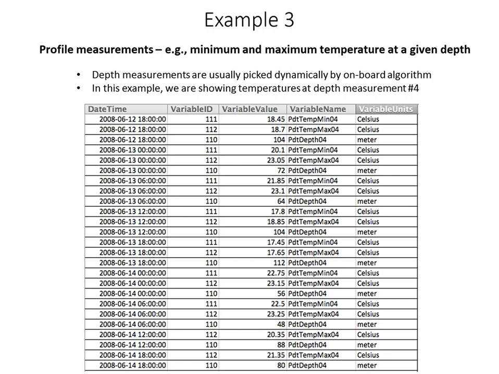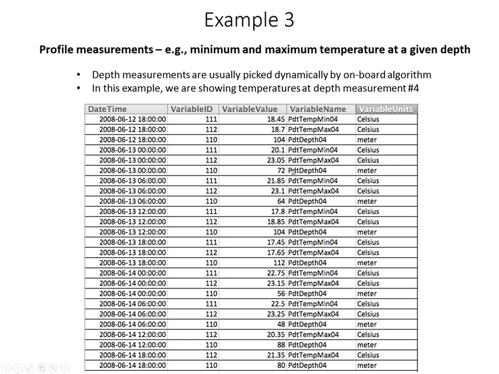And lastly, there's a profile-like type of data, which basically the tag will pick some standard depths or a certain interval, depending on how it was programmed. And then at that depth interval, what would be the value for some measurements.